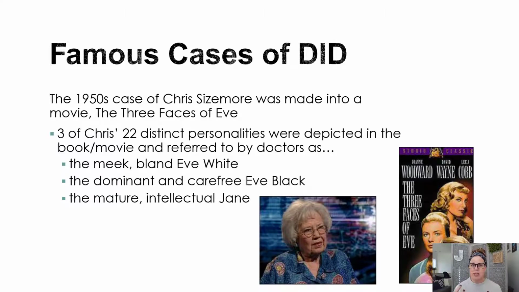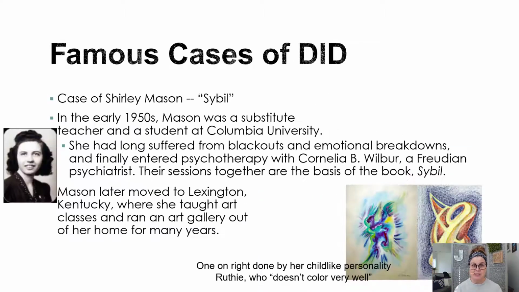There's a very shy, meek, boring, ordinary Eve White, and then there's also Eve Black, very dominant, carefree, and then there's the older version, and her name was Jane. Very often in DID, these different personalities go by different names because they are very unique, and they're very aware of one another. It's fascinating. It truly is.